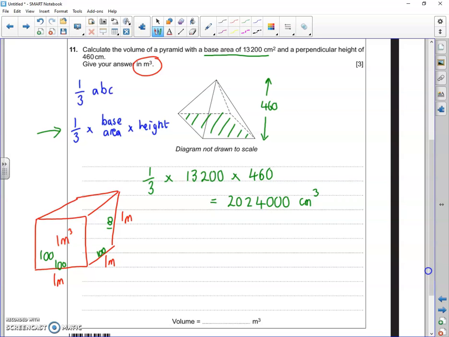So the conversion is that 1,000,000 centimetres cubed make a metre cubed. We've got just over 2,000,000 centimetres cubed. So divided by 1,000,000, we get 2.024 metres cubed. Be careful with your conversion there.